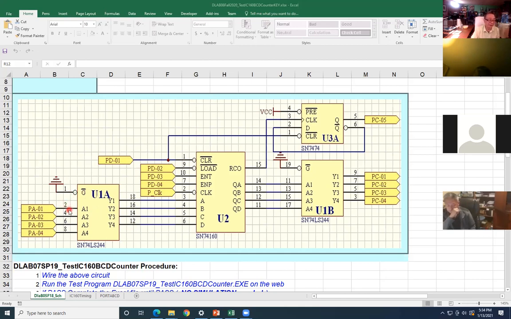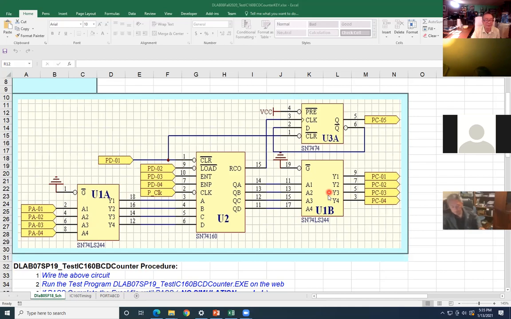That means if you get a logic 0 at pin 2, then pin 18 will be 0. If you get 1 at pin 2, then output 18 will be 1. That's a buffer, okay? Input and output will be the same if pin number 1 is enabled.